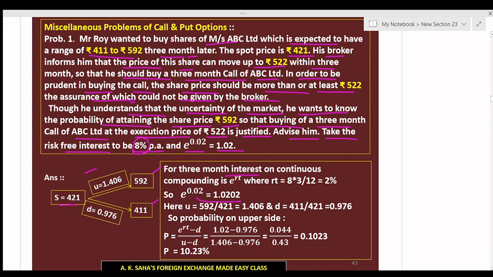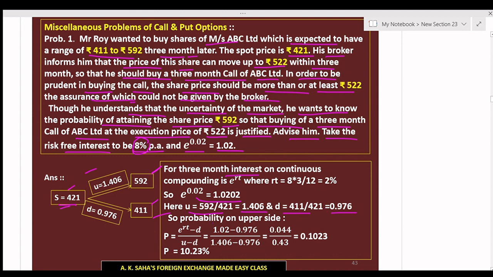U is equal to the upper limit value 592 divided by the base price, that is 592 by 421, equal to 1.406, and D is equal to the lower limit value 411 divided by 421, equal to 0.976.